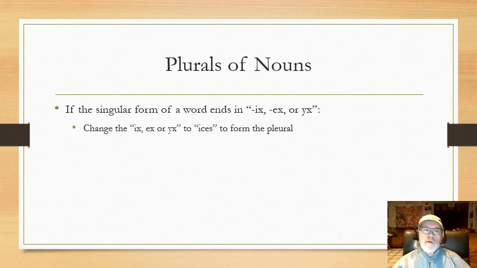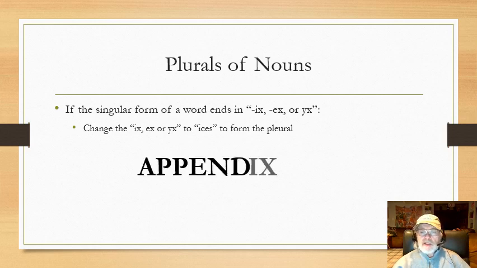If the singular form of a noun ends in an IX, an EX, or a YX, change the IX, EX, or YX to ICES to form the plural. Let's look at some examples of that. Appendix. The appendix is a little vestigial organ, which means it might have had some use before, but has no use now.